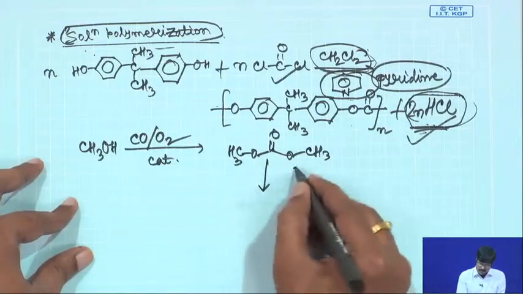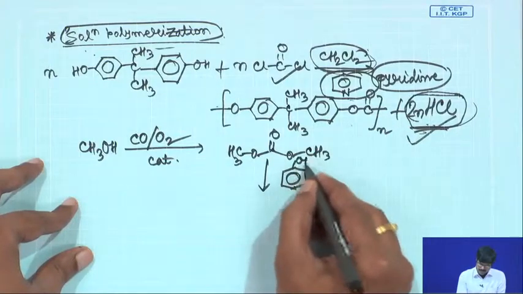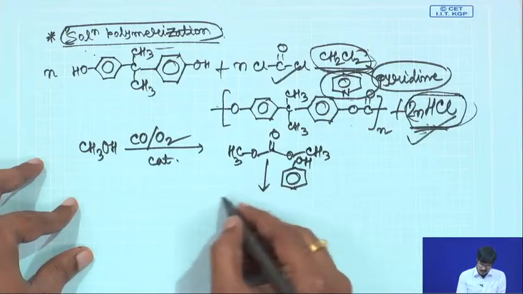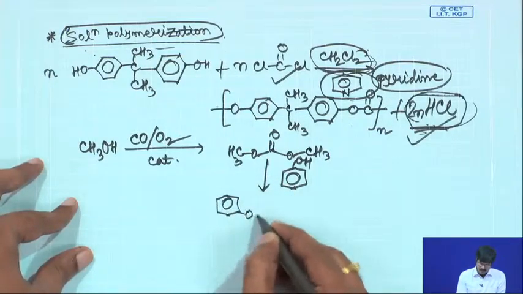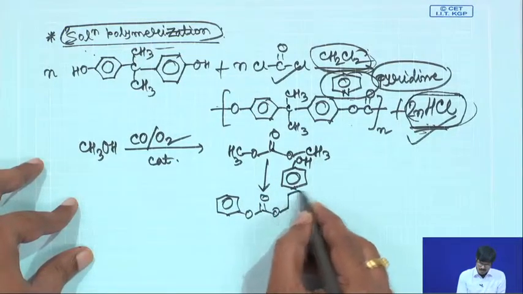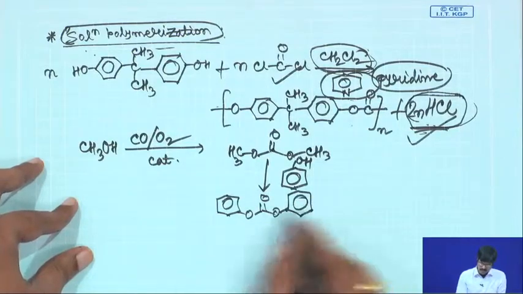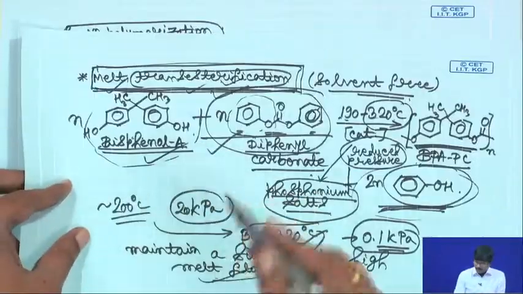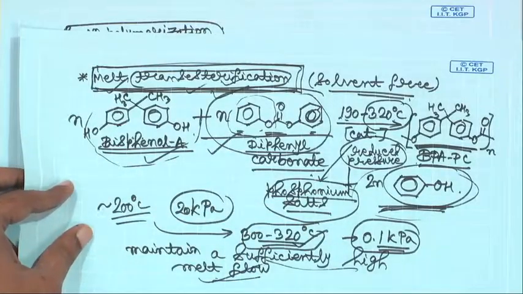Now, this dimethyl carbonate, if you react with phenol, what you will have is a transesterification reaction and you will get diphenyl carbonate. This is how you prepare your starting material for the melt transesterification reaction, and bisphenol A we already talked about how it is prepared.